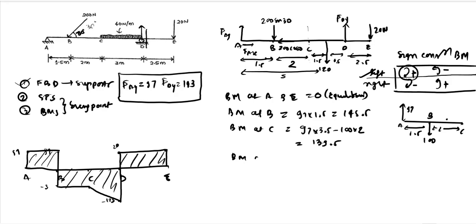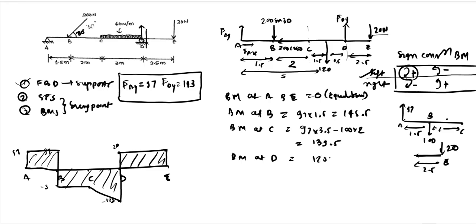We also have bending moment at D. Now you can observe that if you are considering forces on the left, there are too many forces, as you can see, the 120 force, this force at B, this force at A. Instead of that, you can directly consider the force on the right, which is just one force, the 120 Newton force acting at E. So it will be very easy to calculate the moment at that point because there is a 120 Newton force at E and the distance is 2.5.